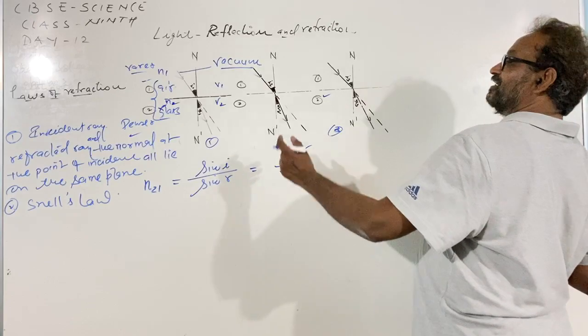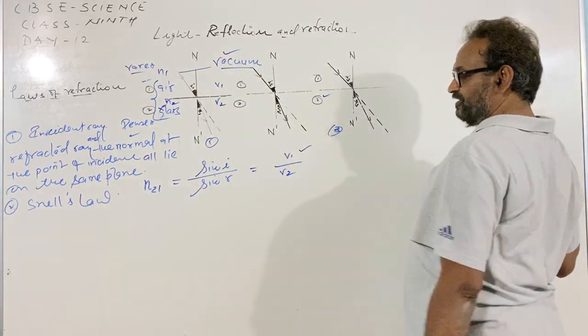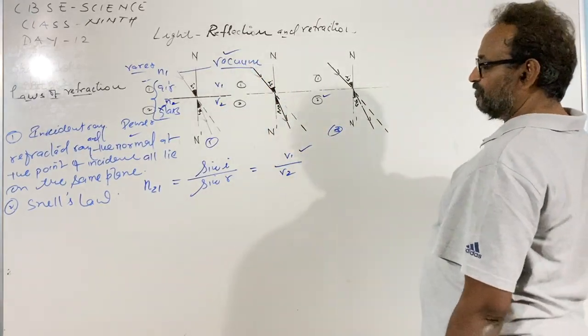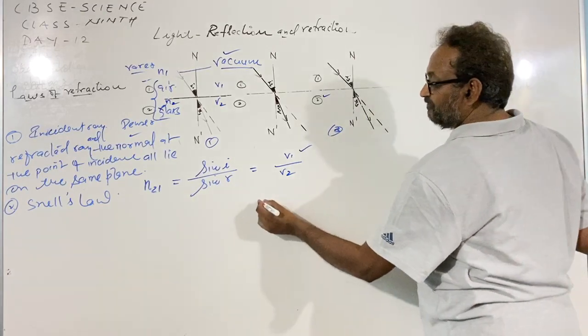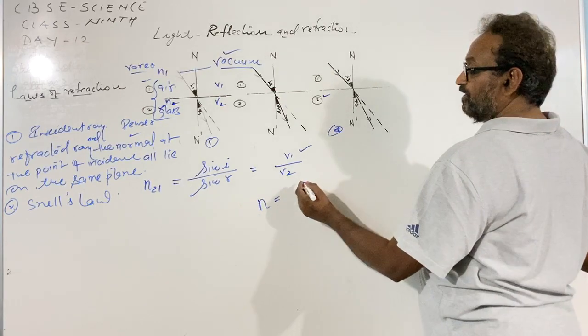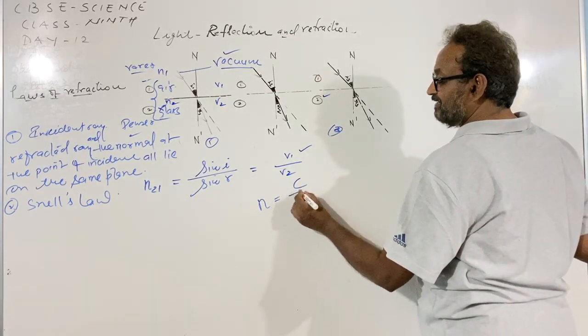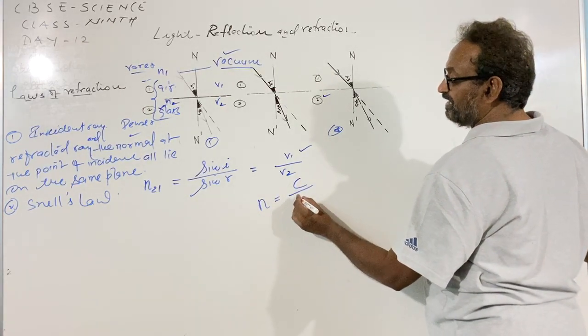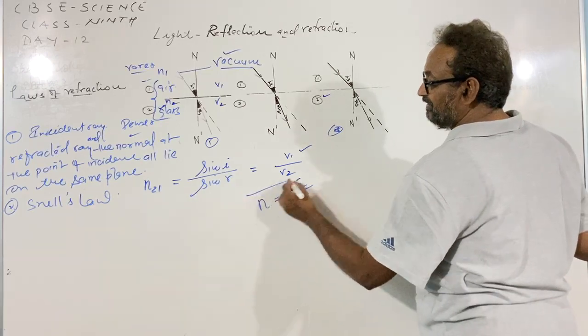Since the velocity of the light in the vacuum is a constant value, therefore absolute refractive index of a medium is also defined as the ratio of velocity of the light in the vacuum to the velocity of the light in that medium.